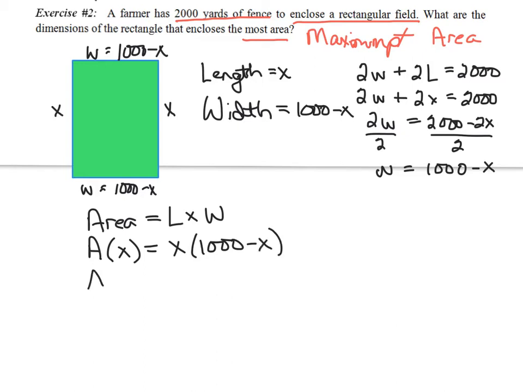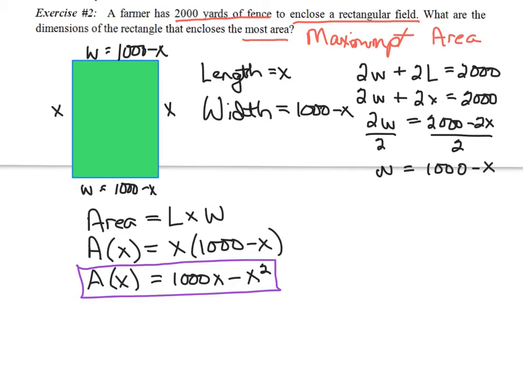So simplifying this by using the distributive property, I have an equation for the area, 1,000x minus x squared. So this becomes my quadratic equation that I am going to use in order to find the maximum area.